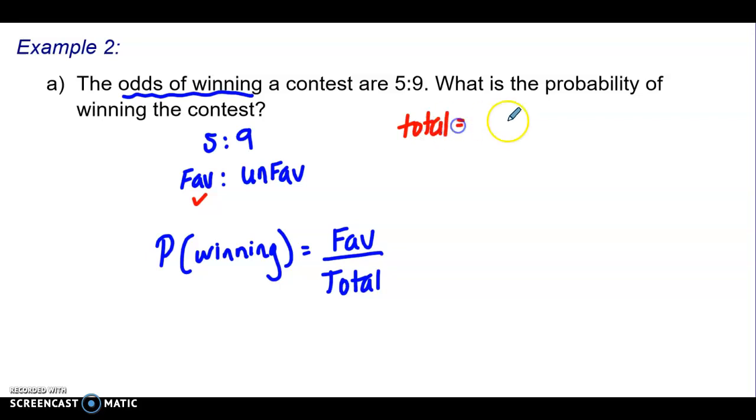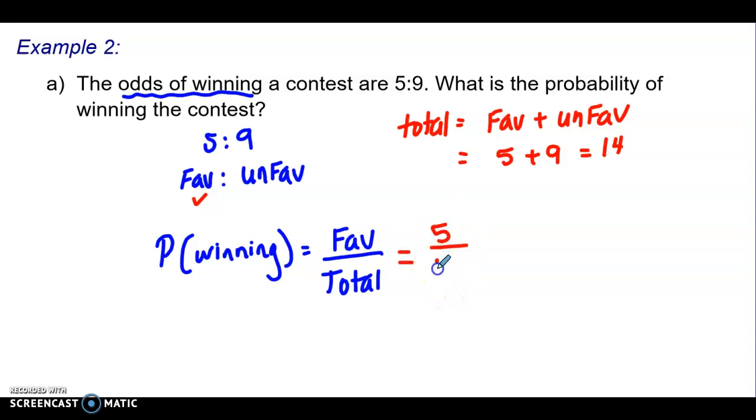The total outcomes can be found by adding together our favorable outcomes with our unfavorable outcomes. 5 plus 9 gives us 14 total outcomes. Our favorable outcomes is 5, the total is 14, therefore the probability of winning is 5 to 14.